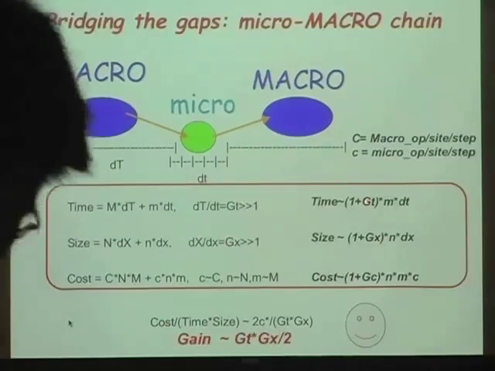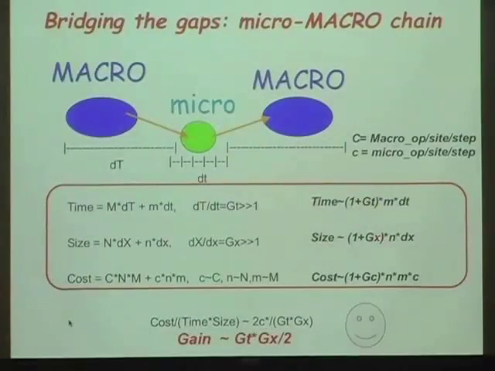So I'm gaining a factor GT times GX, which can be 1,000, 10,000, and the cost is basically the same. This is an extreme case, but it conveys the idea that just using small gaps can buy large gains in computational efficiency.